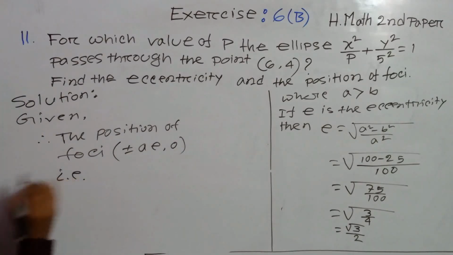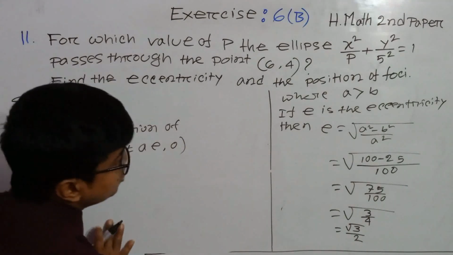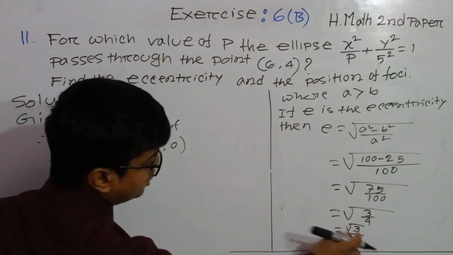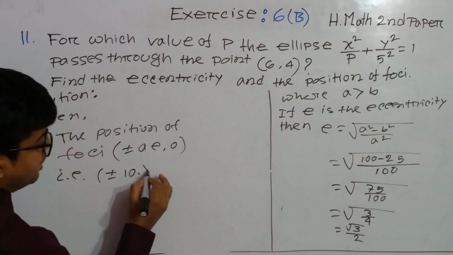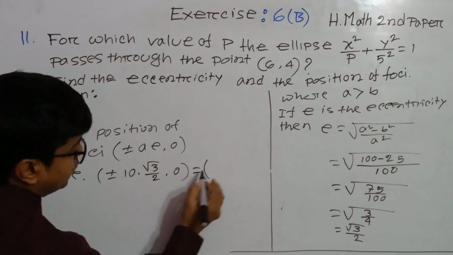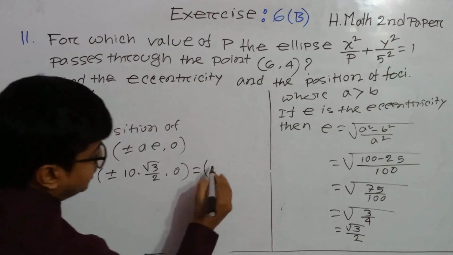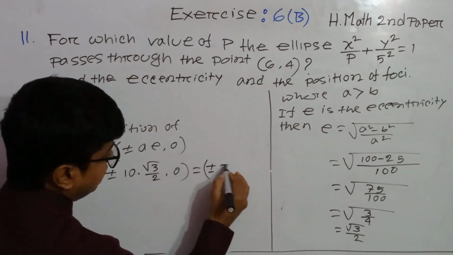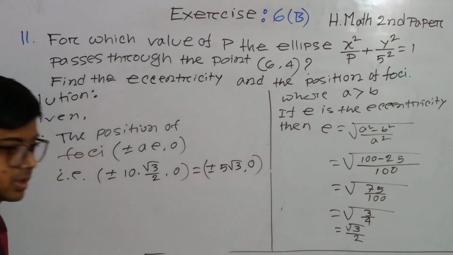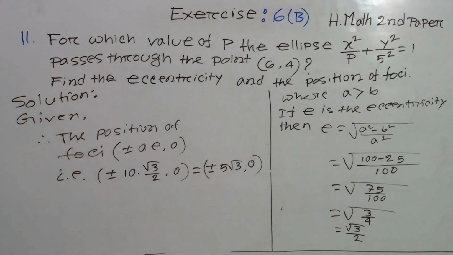That means here a equals 10, and e equals root 3 by 2. So it will be plus minus (10 into root 3 by 2), 0, where 10 divided by 2 gives plus minus 5 root 3, 0, which is the required solution of question number 11.